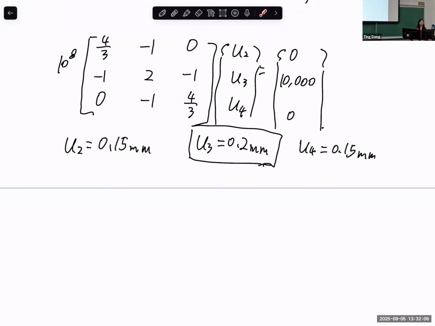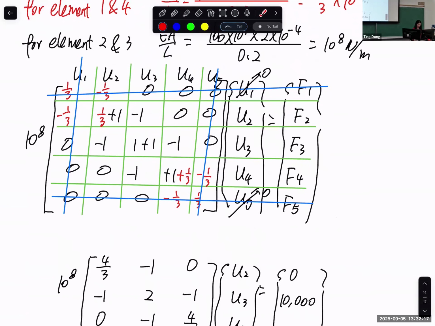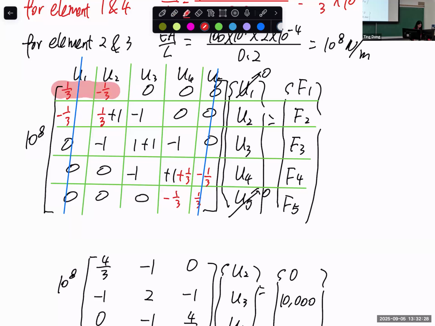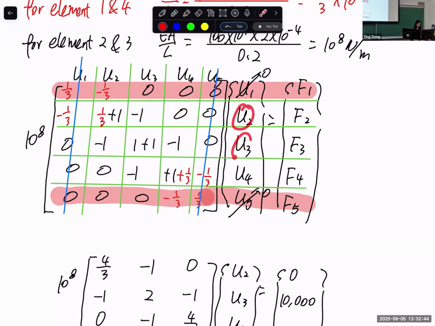How to calculate reaction force in the FEA method? Yes, thank you. Now we can go back. This one equals the reaction force at the left side and the reaction force at the right side. Now we have U2, U3, U4 solved. We have U1, U5 equal to 0.